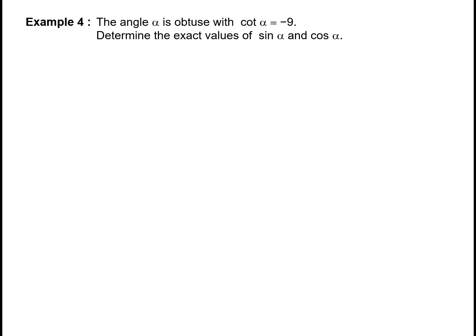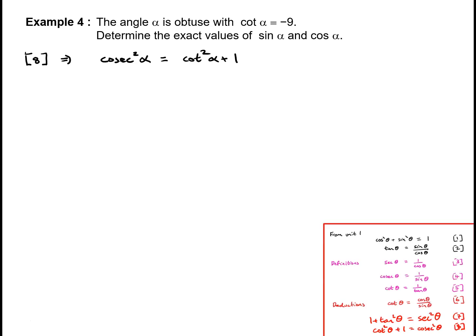For our final example, we're told that the angle alpha is obtuse with cot alpha equals minus 9. We've got to determine the exact values of sine alpha and cos alpha. Using equation 8, we know that cosec squared alpha is going to be the same thing as cot squared alpha plus 1. Cot alpha is minus 9, so cot squared alpha is 81.